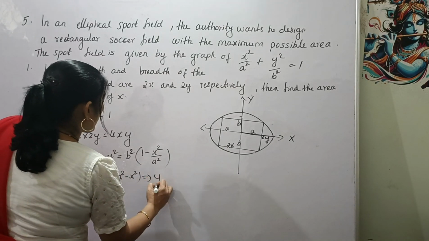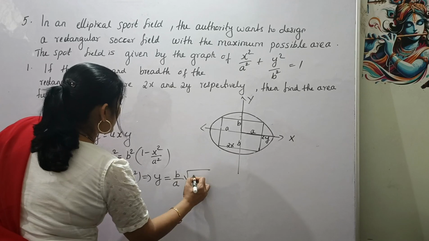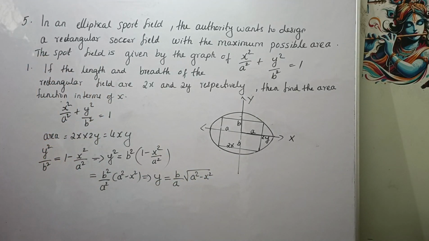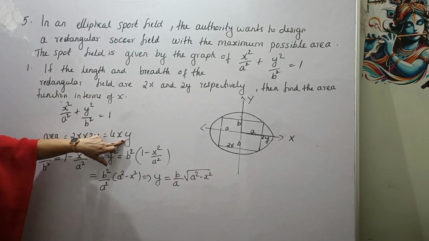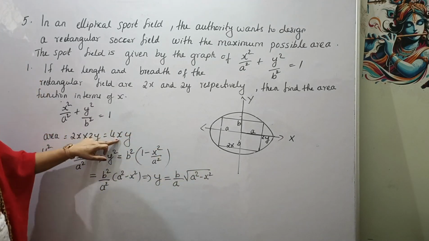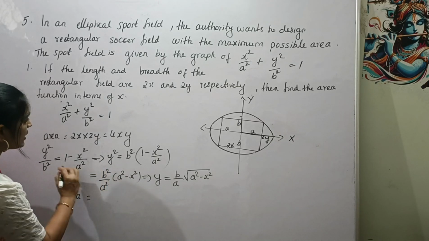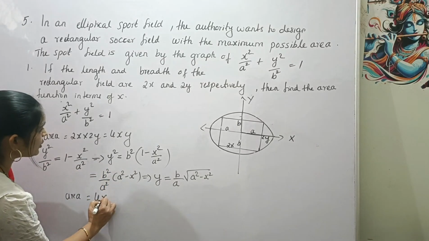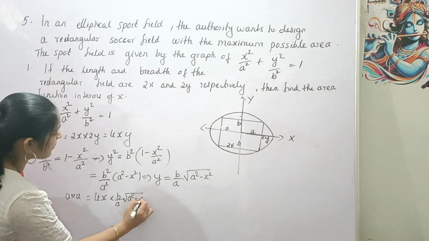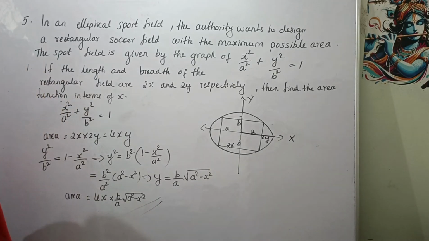So this implies y = (b/a)√(a² − x²). Okay, now let's substitute this y = (b/a)√(a² − x²) in this area. Therefore the area of the rectangular field is equal to 4x into (b/a)√(a² − x²). So it is the required area.